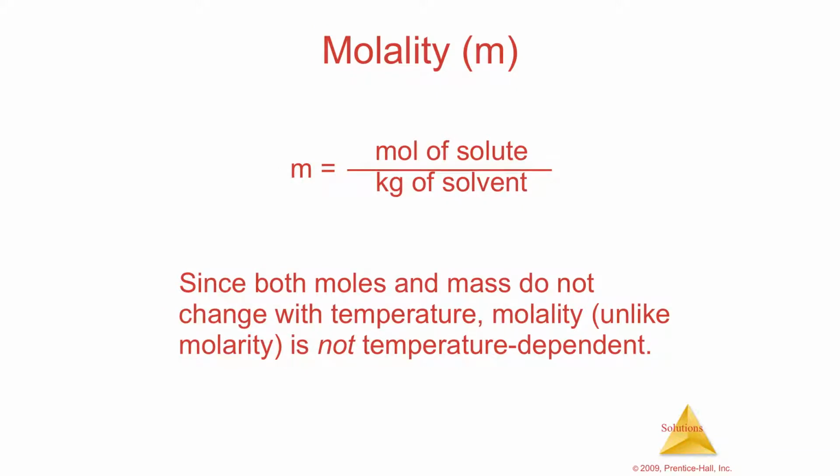The final one, molality, is denoted with a lowercase m, normally italicized, and it's moles of solute just like molarity, but instead of liters of solution, you're going to have kilograms of the solvent. So what's the mass of the solvent? And the mass of the solvent doesn't change no matter what temperature it is. So that way it's more consistent if you have some temperature dependent things.